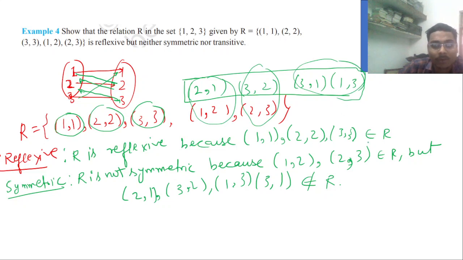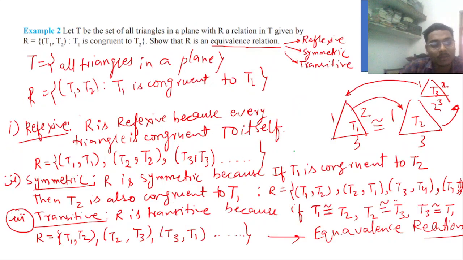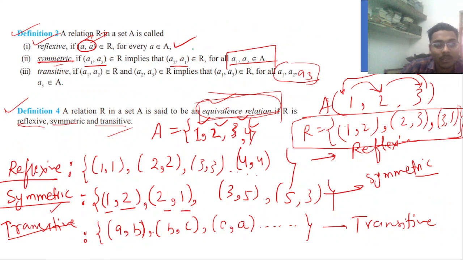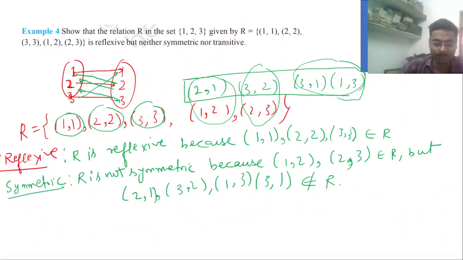So for every a1, a2 belongs to A, as in the definition I have just written here, each element has to cover the pair from the other element.